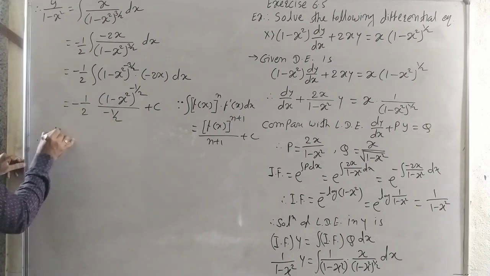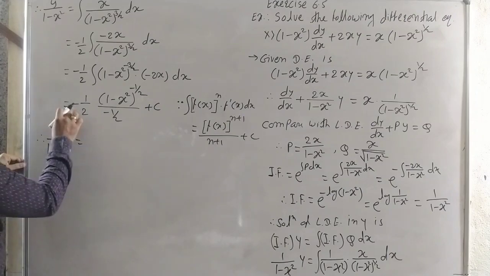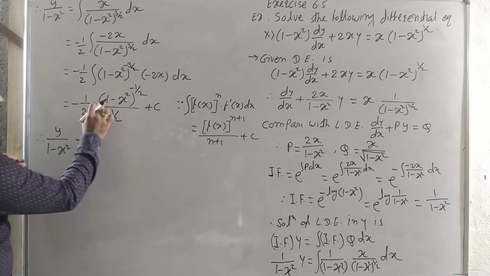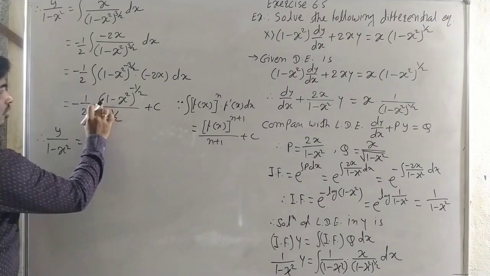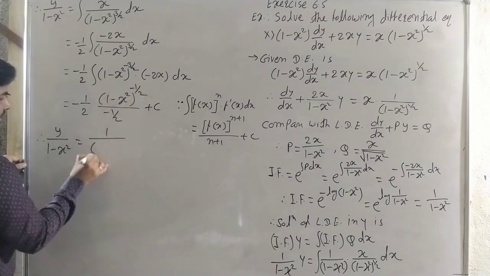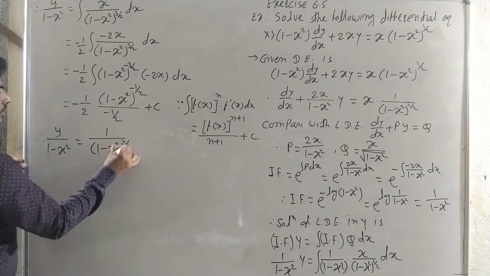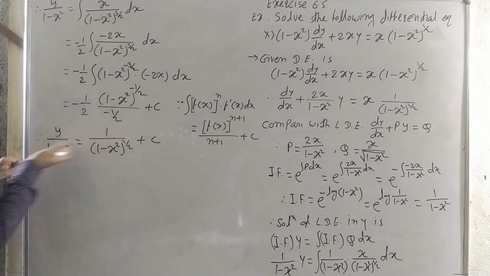The solution is y upon 1 minus x square is equal to minus, 1 by 2 gets cancelled, and here it is (1 minus x square) to the power minus 1 by 2, plus C. It is a general solution of the differential equation.